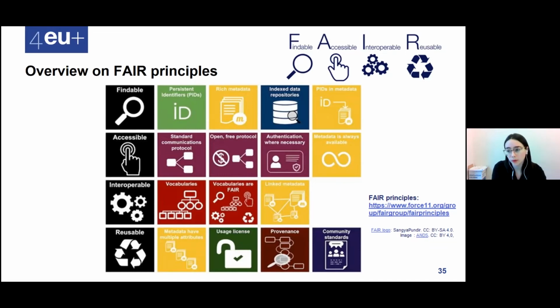Machine-readable metadata are essential for automatic discovery. You have to have, for example, a unique and persistent identifier. The data have to be described, and they have to be registered or indexed in searchable resources.